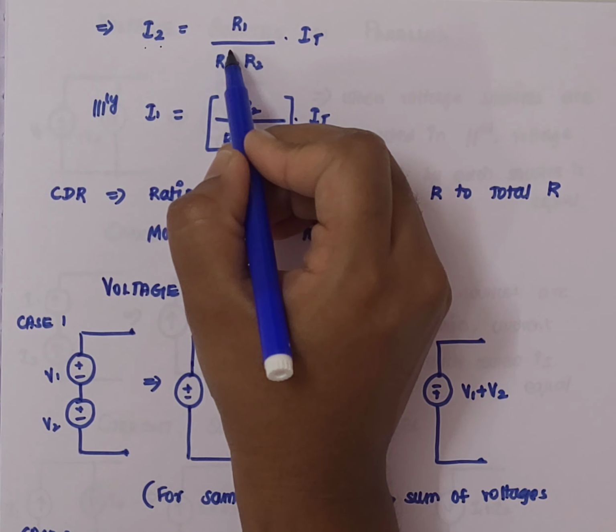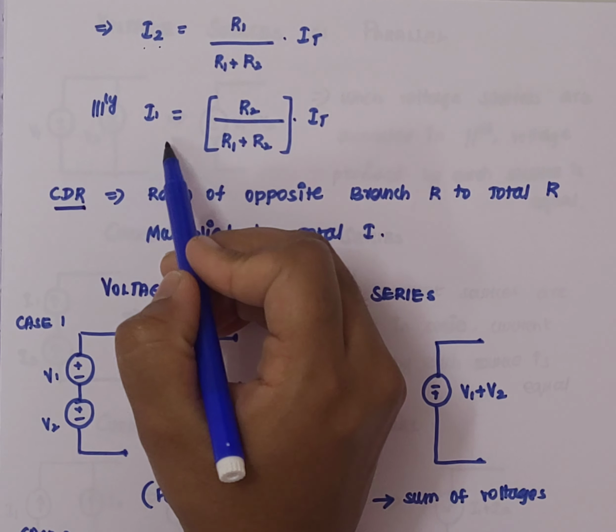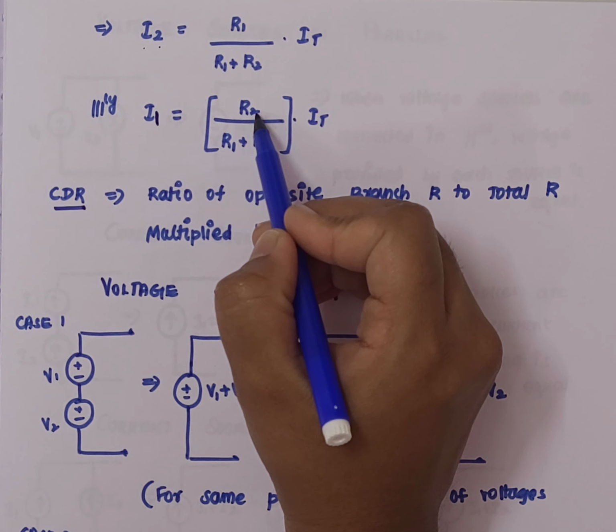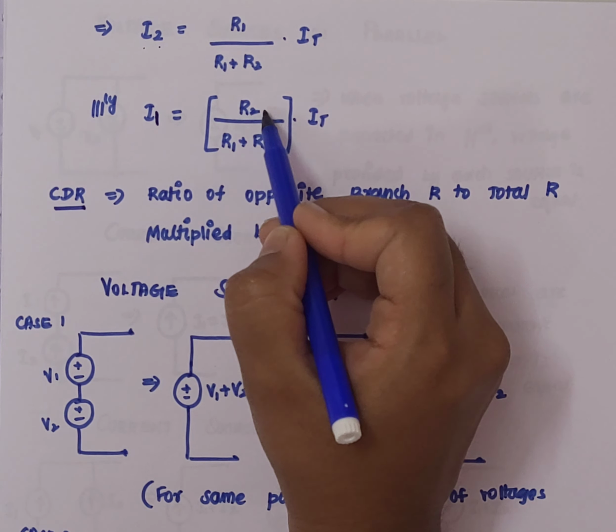So we can define the current division rule as the ratio of the opposite branch resistance. We have seen it for I1, where the opposite branch resistance is R2. We have the resistors connected in this way, R1, R2, and the total current IT flowing, here I1, here I2.